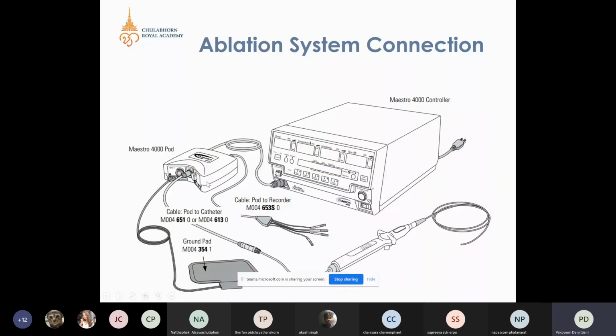So if you want to see the signal from the ablation catheter, you are going to have to use this additional connection over here. You can see that, okay.